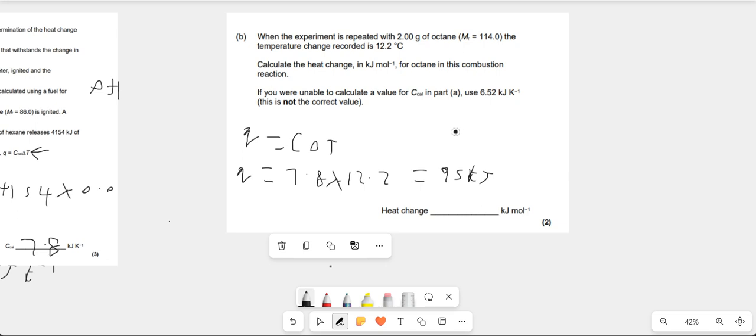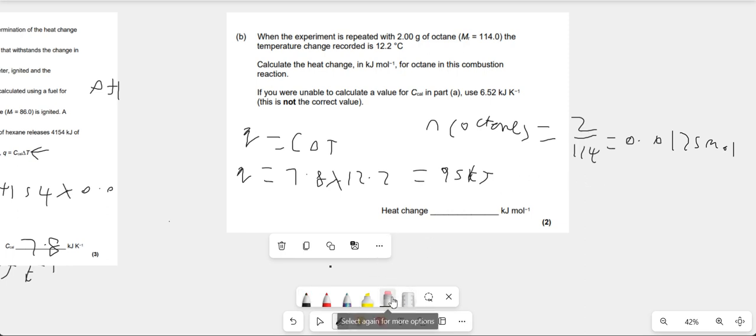So moles of octane is mass over the Mr. So 1.142 over 114, and that's going to be 0.0175 mole. Then what I need to do now is find the enthalpy change here, which is just Q divided by that.